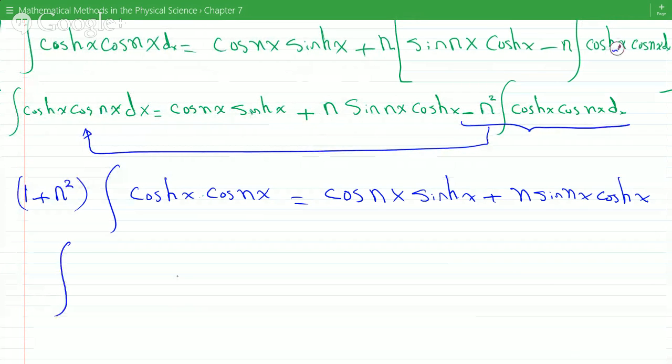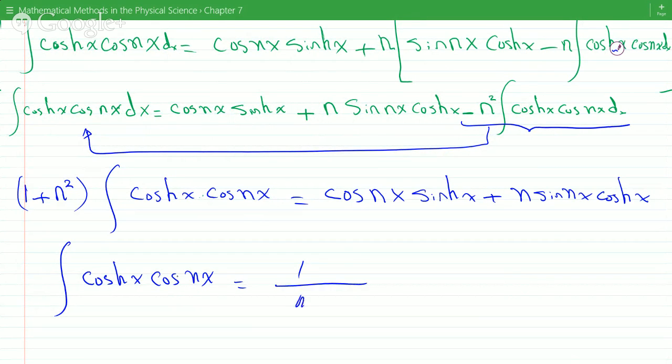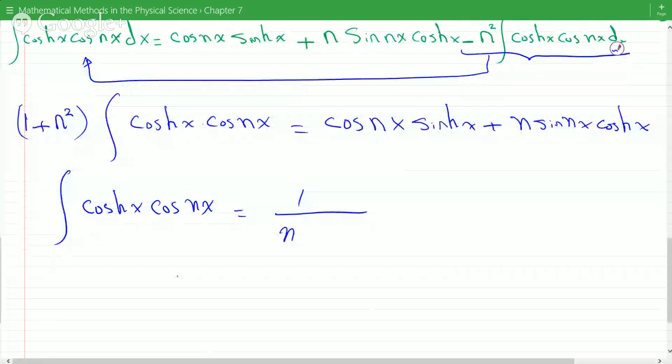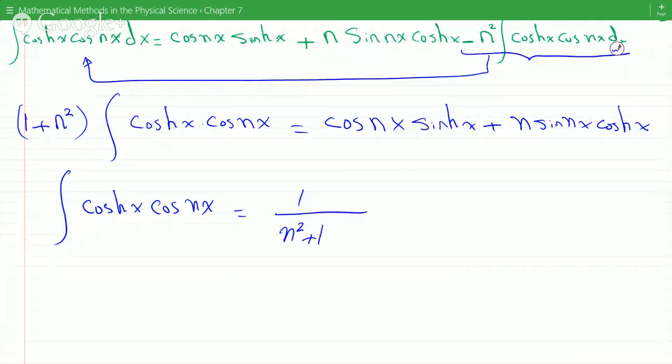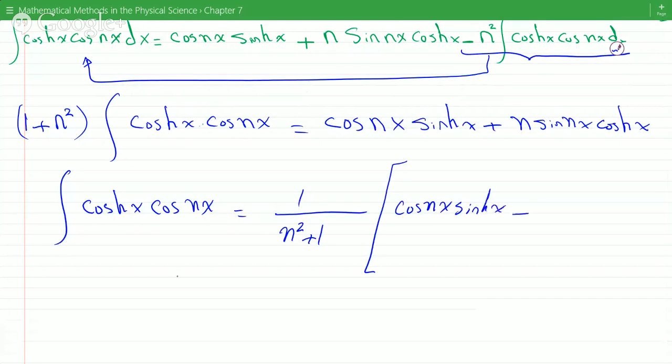So the integral of cosine hyperbolic x cosine nx is equal to 1 over n squared plus 1 times this: sine hyperbolic x cosine nx plus n sine nx cosine hyperbolic x. And we can evaluate all this.